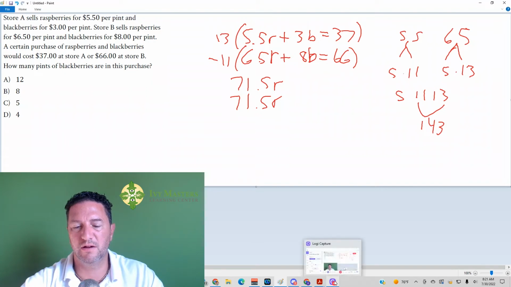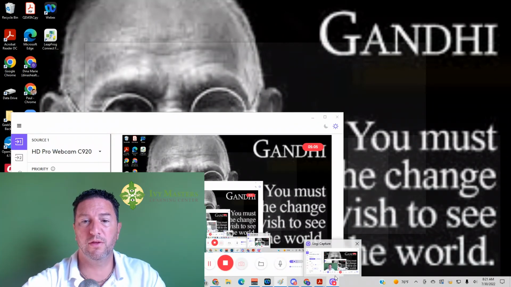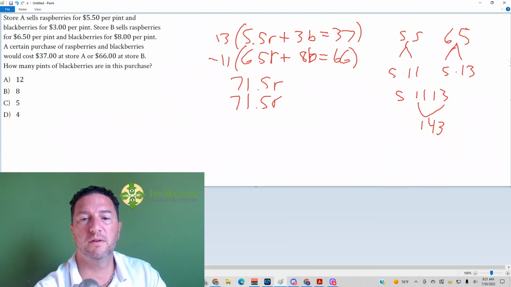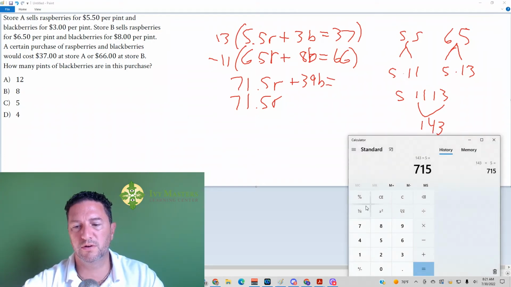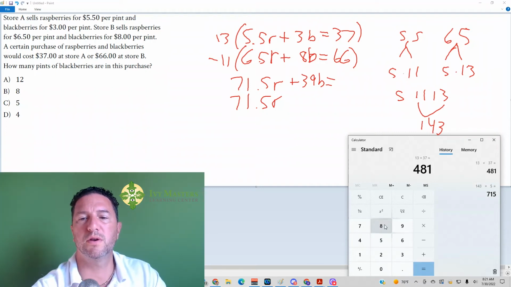And now let's see where we're going next with this. We got to multiply the 13 by the 3, and we get plus 39b equals, and then we can do 13 times 37 using our calculator. And that gives us 481.